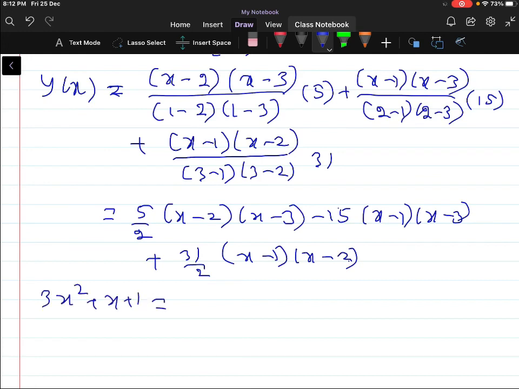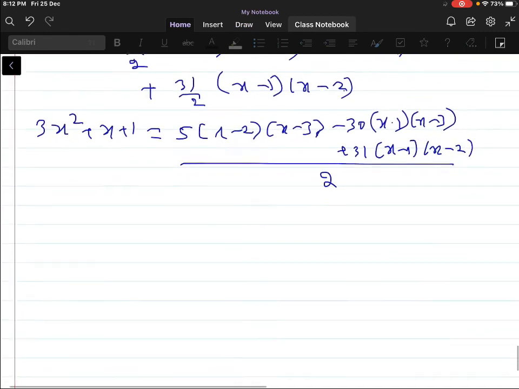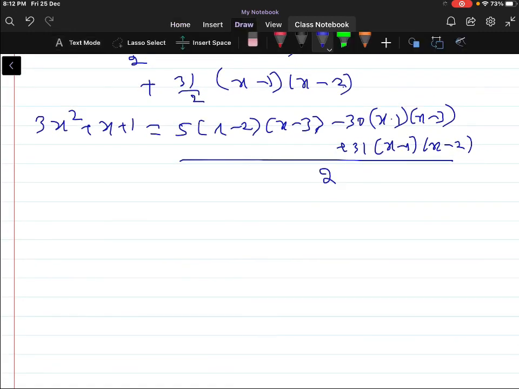This implies y of x, that is 3x square plus x plus 1, is equal to, taking 2 as the LCM, 5 times x minus 2 into x minus 3, minus 30 into x minus 1 into x minus 3, plus 31 into x minus 1 into x minus 2, all divided by 2.